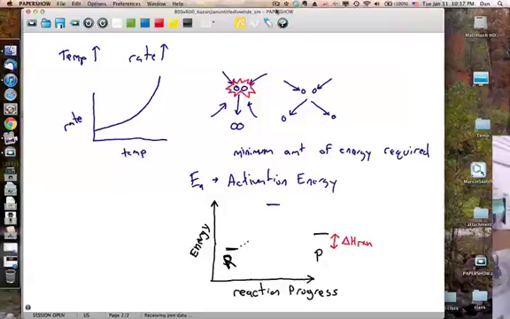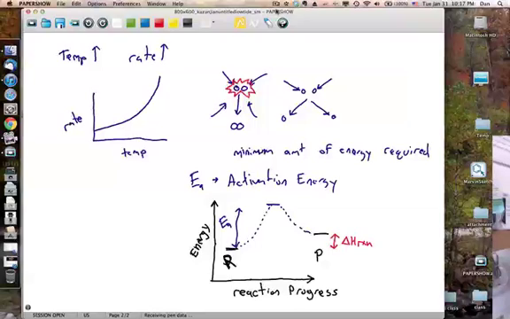The difference in energy between the reactants and the activated complex is what we call the activation energy. Again, it is basically this minimum threshold that is required for the reaction to proceed.